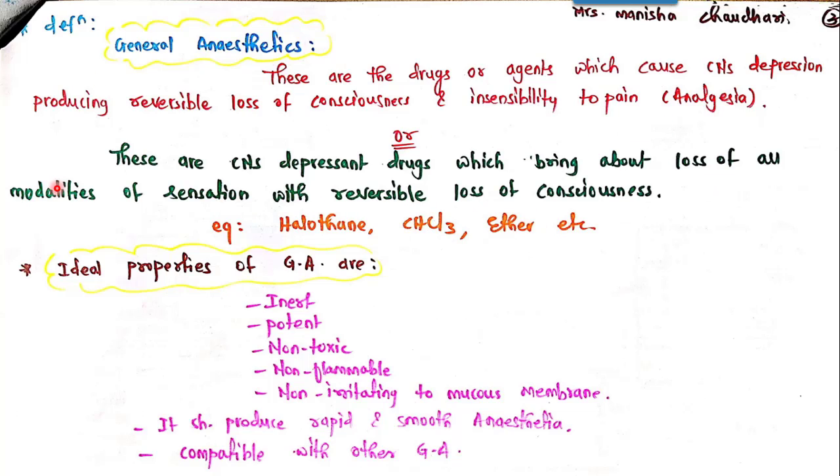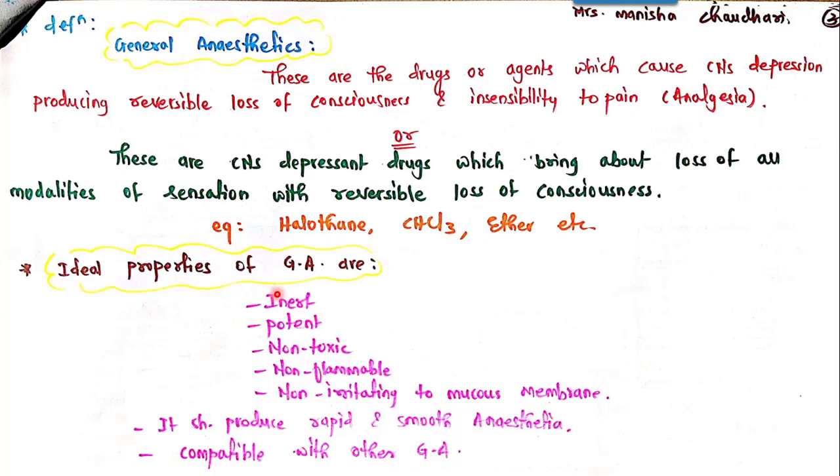So it is the same, only analgesia is taken first and reversible loss of consciousness later, and instead of saying the drugs cause CNS depression, they have written CNS depressant drugs. Any of these is appropriate; whichever you feel comfortable with, you can write in the exam along with examples: halothane, chloroform, ether, etc. These are examples of general anesthetics which we are going to discuss in detail in the classification and drugs part of general anesthetics.